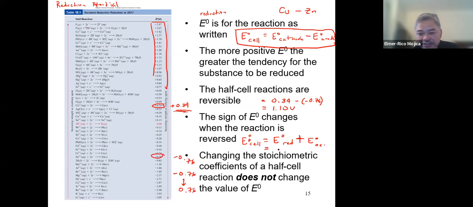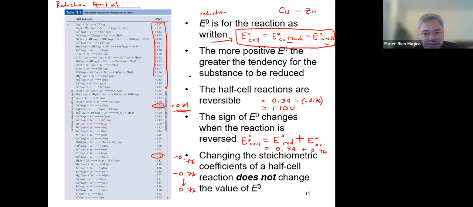So another way of getting the cell potential is this one plus this. But you have to be very careful. That's why I always tell my students to stick to this one. All you need to do is determine the cathode and the anode.